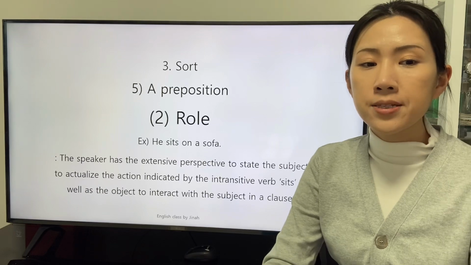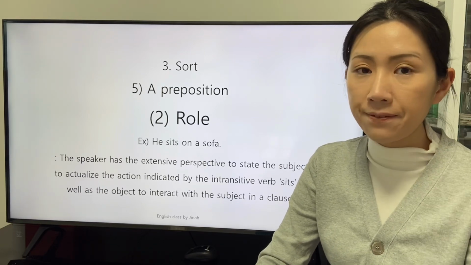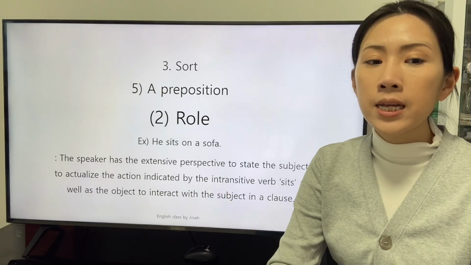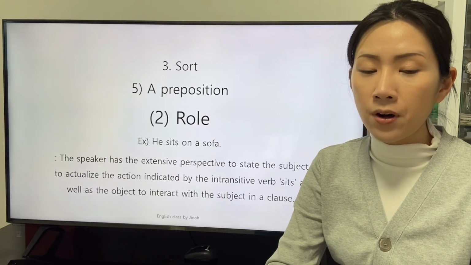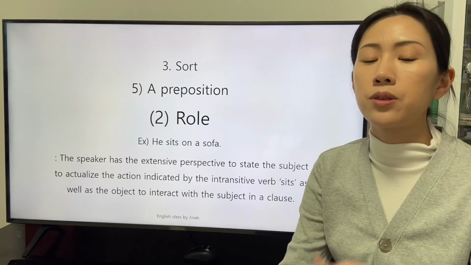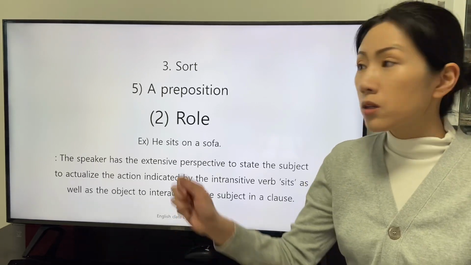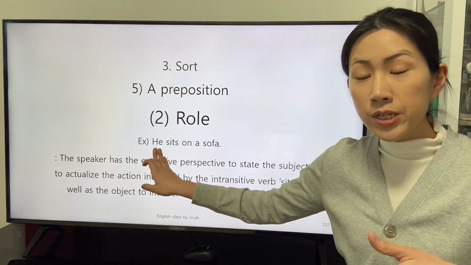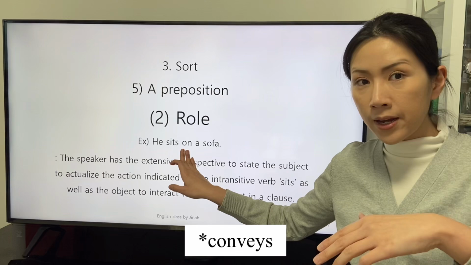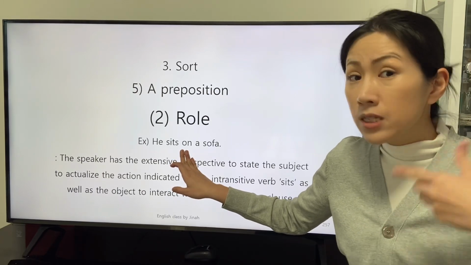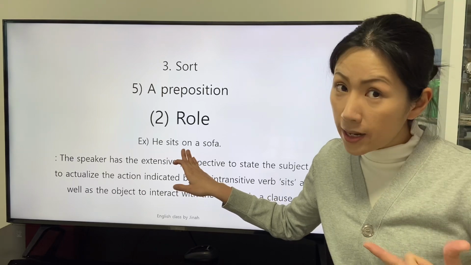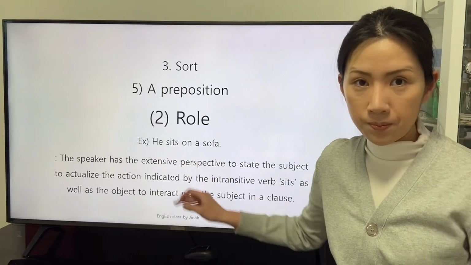The speaker has the extensive perspective to state the subject, to actualize the action indicated by the intransitive verb sit, as well as the object to interact with the subject in a clause. The subject, who is already described by the intransitive verb, has the interaction with an object from the application of the preposition on.